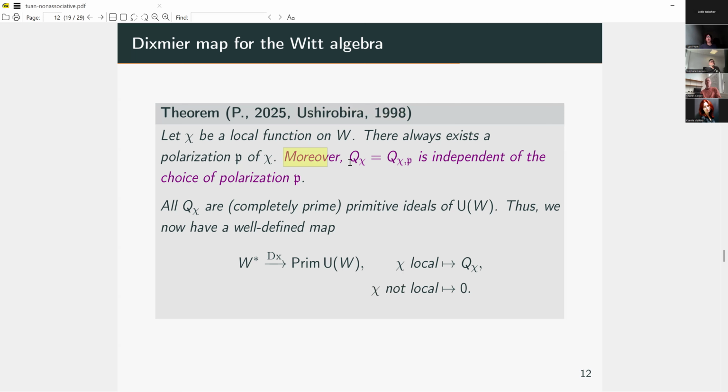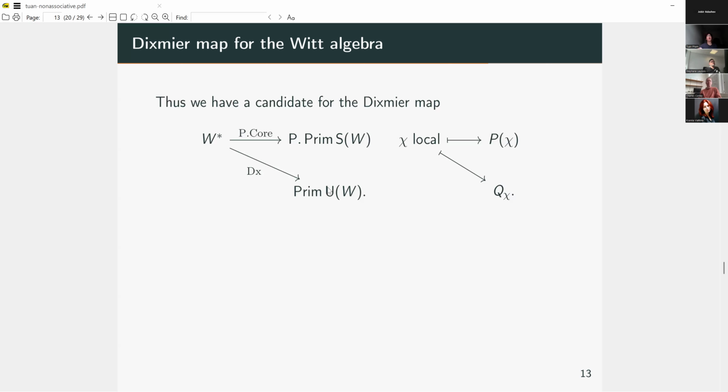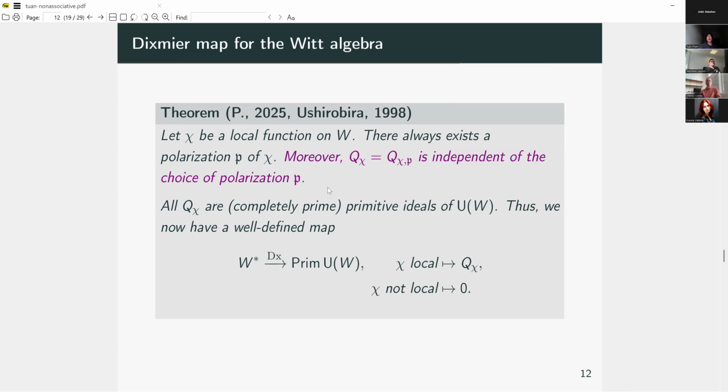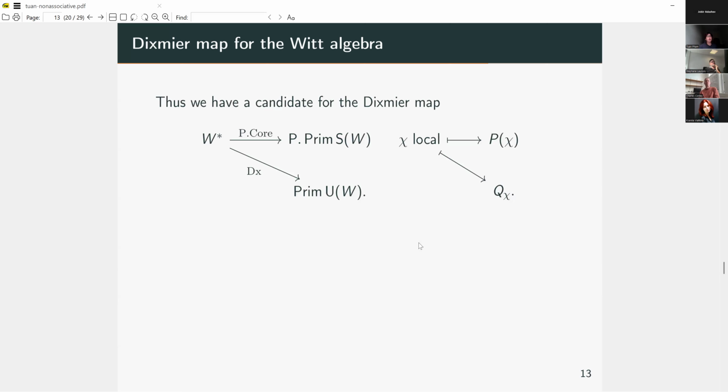But in particular, we prove something that she didn't prove, that Q chi is independent of the choice of polarization P. This is the main result of her paper. She has a conjecture which surprisingly we managed to prove as well. Thus, we now have a candidate for the Dixmier map.